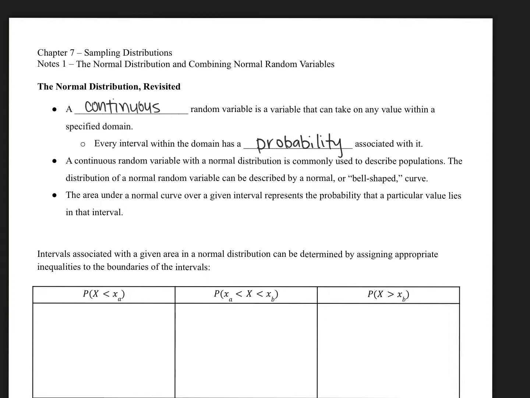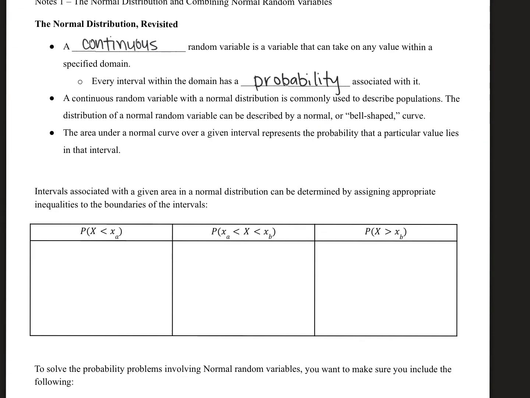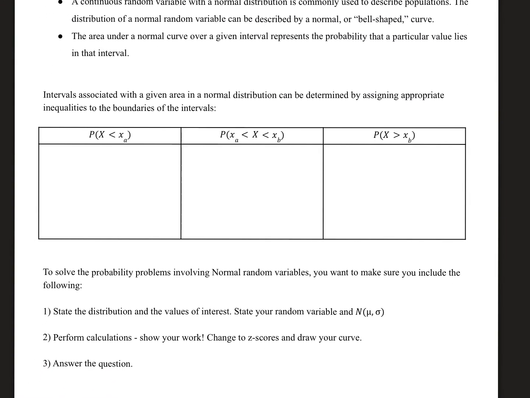So the area under a normal curve over a given interval represents the probability that a particular value lies in that interval. So there's 3 common different intervals that we use. So we have that the probability of our variable x can be less than a specific variable.